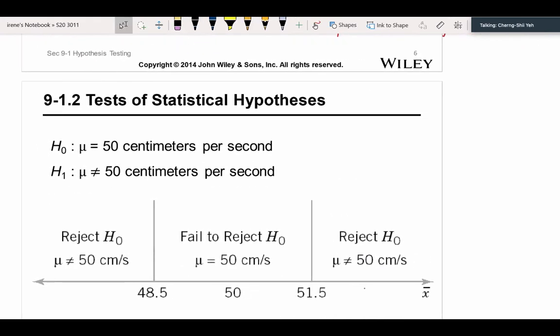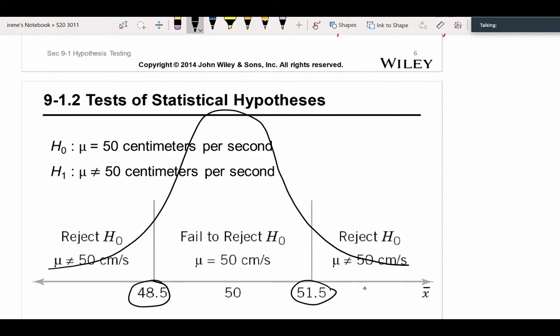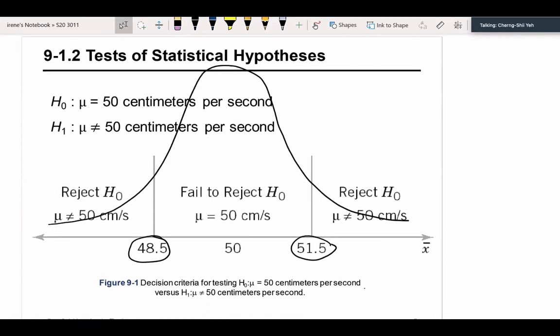So they assume that's my sampling distribution. There is a sampling distribution right here. That's my confidence interval. Okay, so these two are my critical values. If my sample average is located within the confidence interval, we fail to reject the null hypothesis and conclude the null hypothesis.